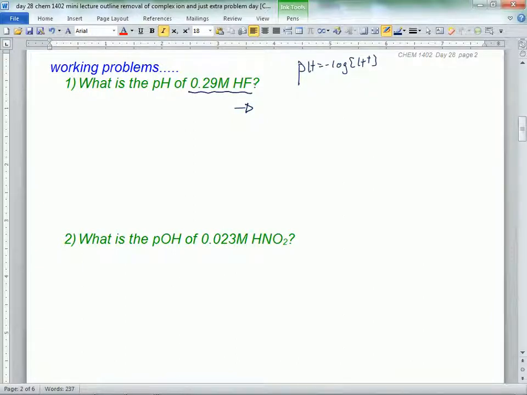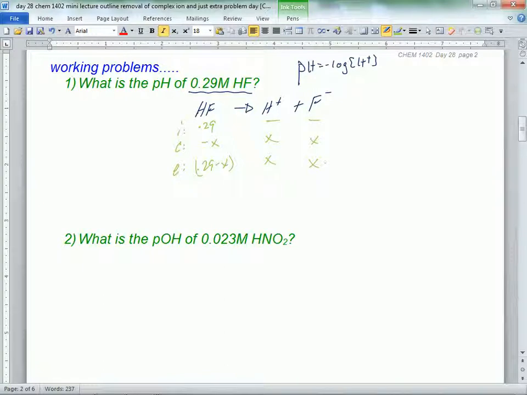It has to be a Ka reaction because it's an acid. So HF, H plus, and F minus, right? And then we just do ICE. We've done this a gazillion times.